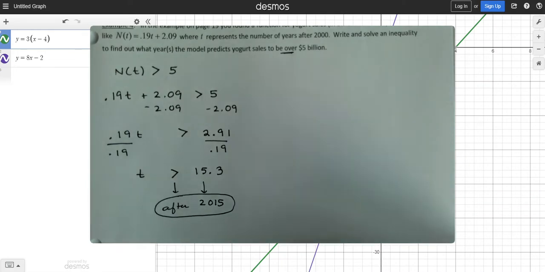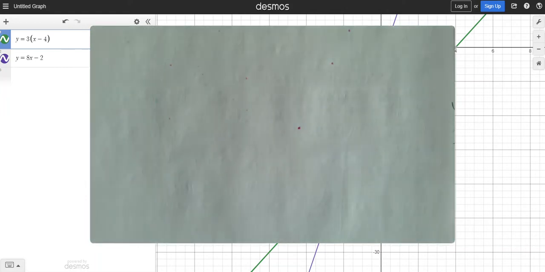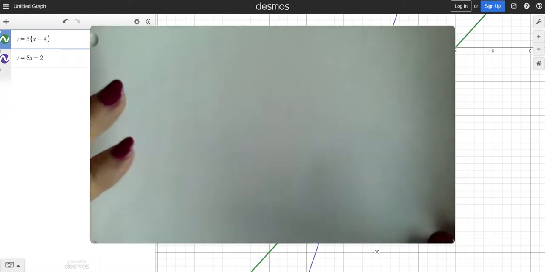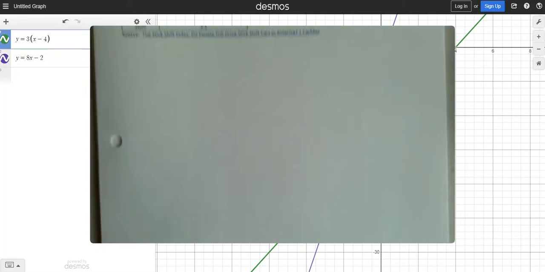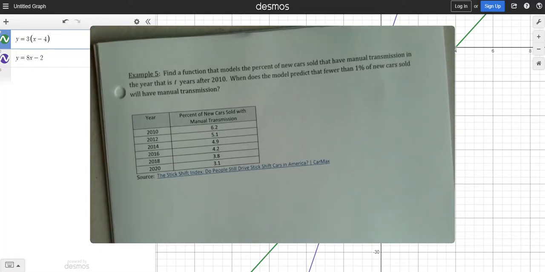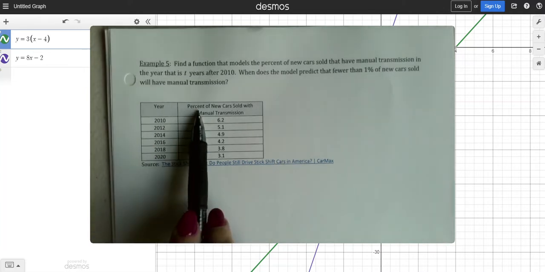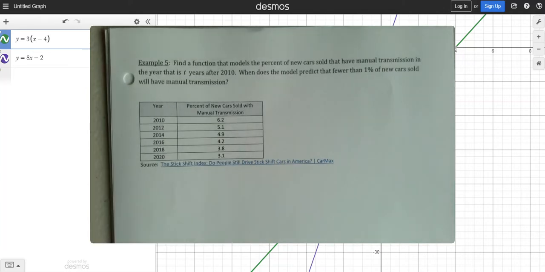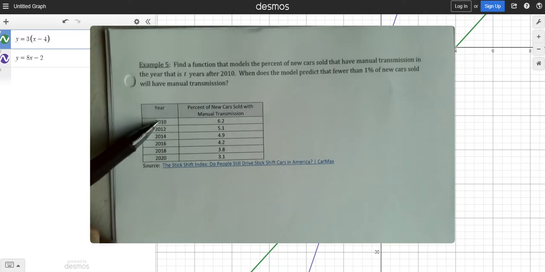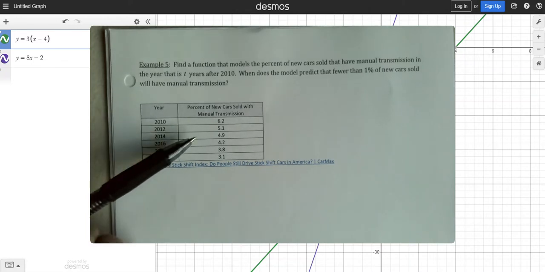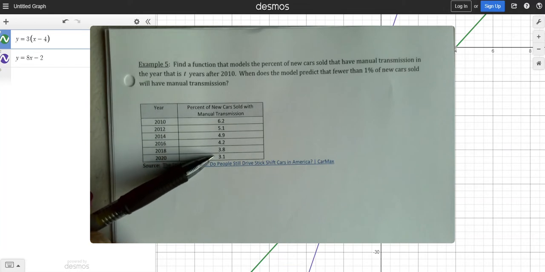All right, let's try one last problem here in this section. We have a set of data here. For various years, it tells us what percent of new cars sold had a manual transmission. So you can see from 2010 to 2020, the popularity of a manual transmission seems to be declining.